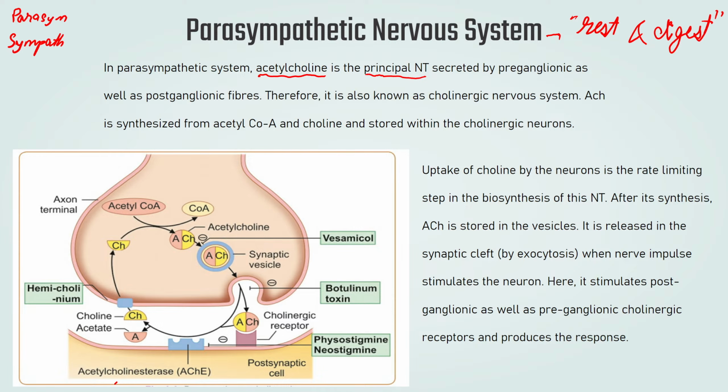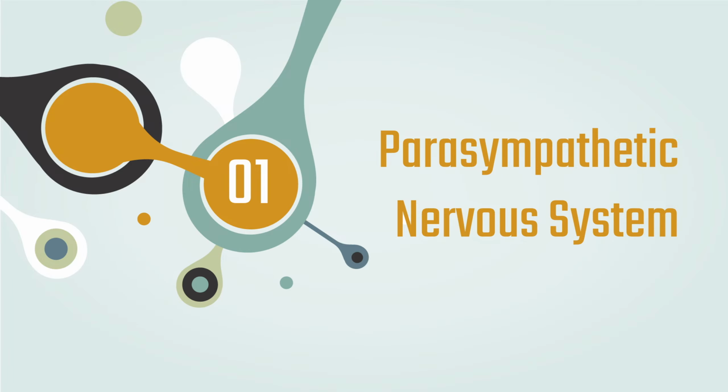the preganglionic nerve fiber, which is before the ganglion, will always release acetylcholine. Always. The preganglionic neurotransmitter will always be acetylcholine, whichever system you take, either parasympathetic or sympathetic. Let me go back here.